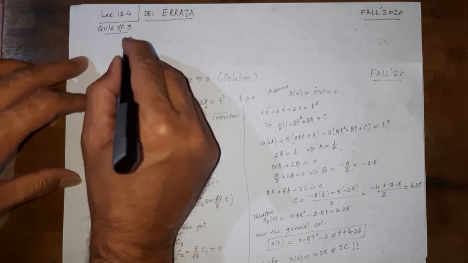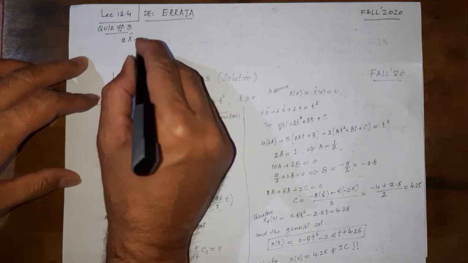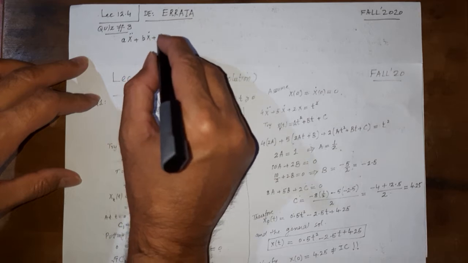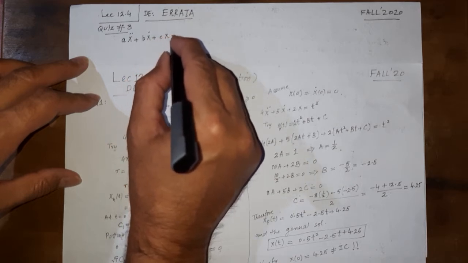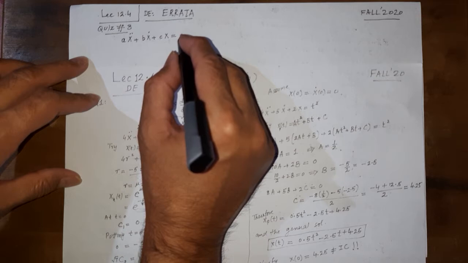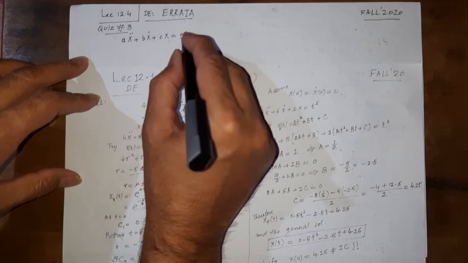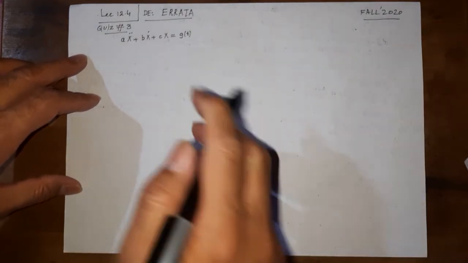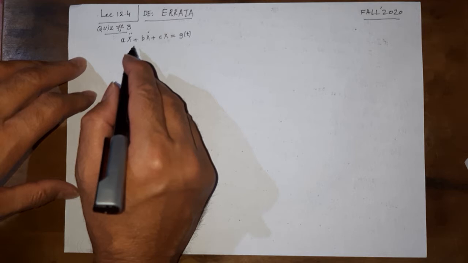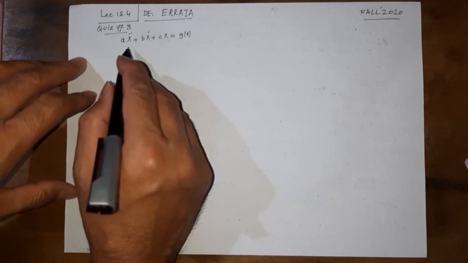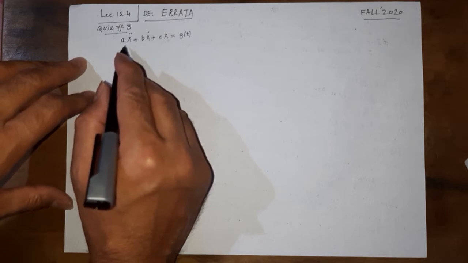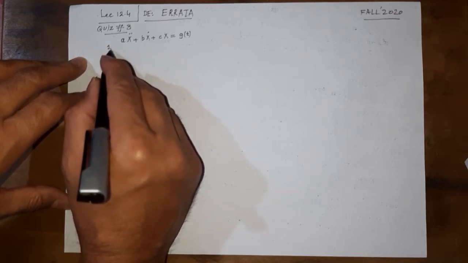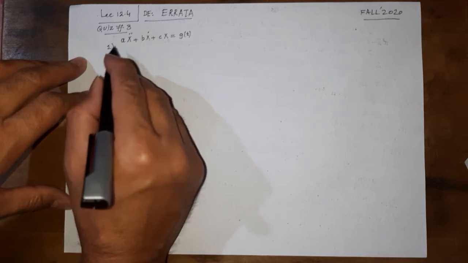In general, this is a second order linear differential equation with constant coefficients with an inhomogeneous term on this side. How we have been solving it up till now, what I taught you earlier, has a problem that needs to be rectified today. So let us revise what I have taught you till now, so that you can exactly pinpoint where the issue is and correct your learning from it.